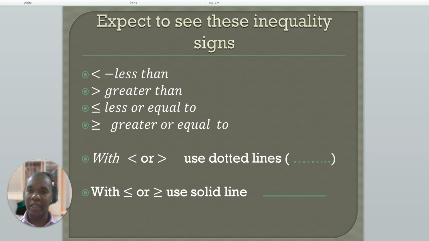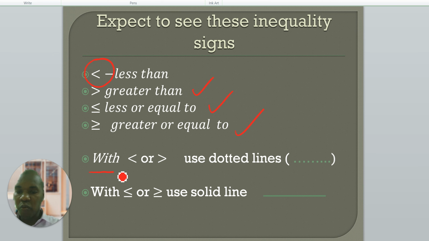So these are the general linear inequalities we might have while dealing with linear inequalities. Expect to see these inequality signs most of the time: this one meaning less than, this one greater than, the other one less than or equal to, the next one being greater than or equal to.